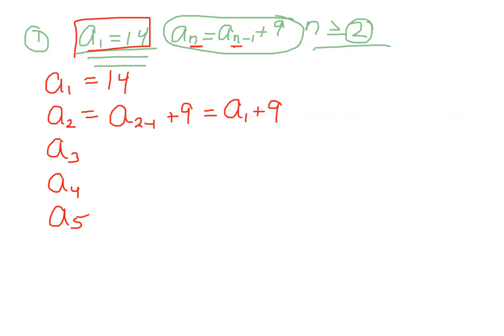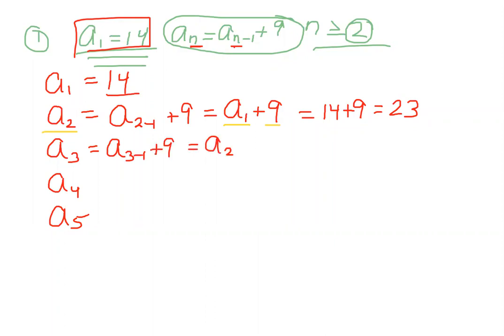So a2 equals a1 plus 9. So we're going to take a1, which was 14, and add 9, and we get 23. A3, we're going to put a 3 in for the n, and we're going to get a2 plus 9. And what is a2? A2 was 23, so it's going to be 23 plus 9, which is 32.